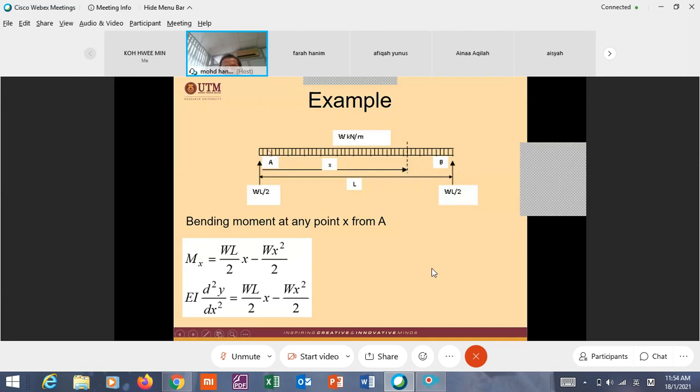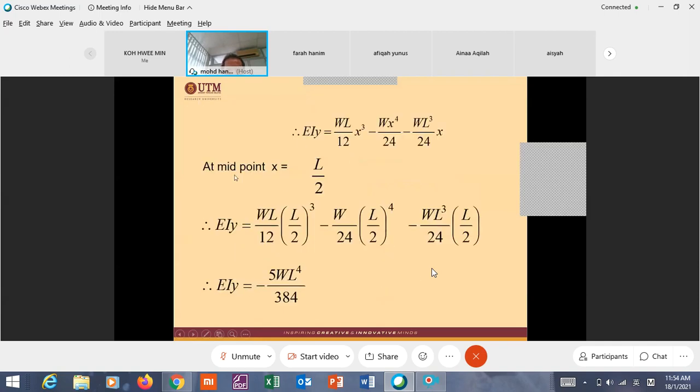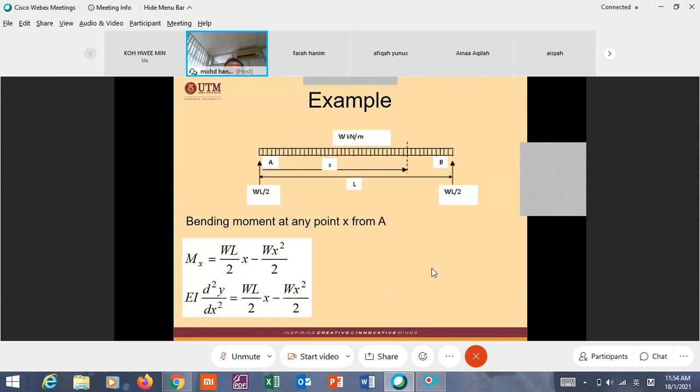So the deflection is symmetry. Then this is the formula that you have to remember throughout your life, for the rest of your life. And actually, I have another example. Another example: point load at mid.